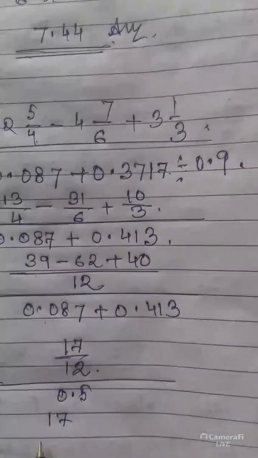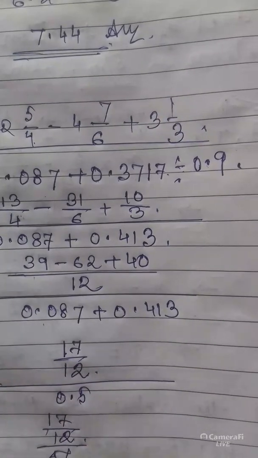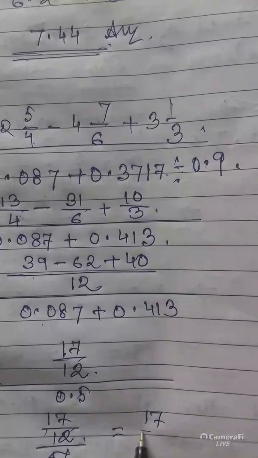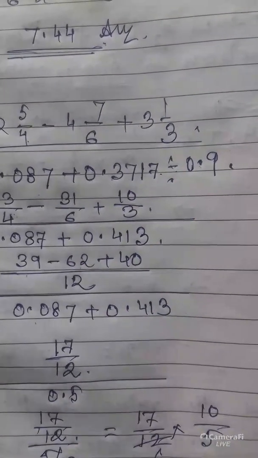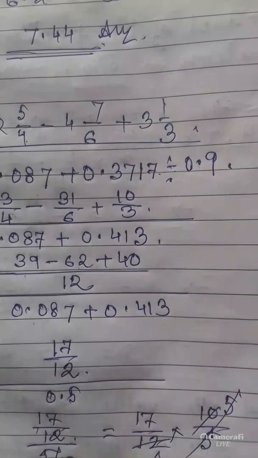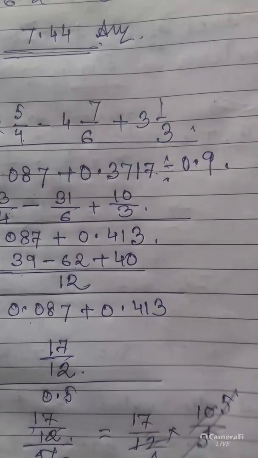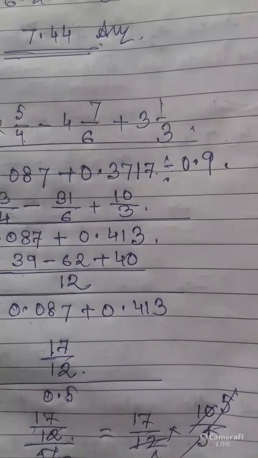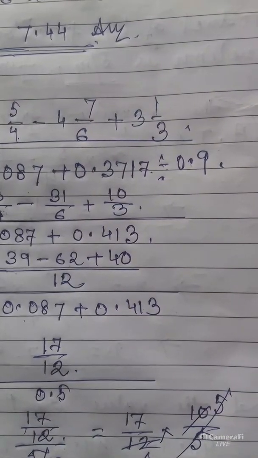So 17 by 12 by 5 by 10, so 17 by 12 into 10 by 5. 5 cancel. 17 by 6 means 2 whole 5 by 6. This is the right answer.